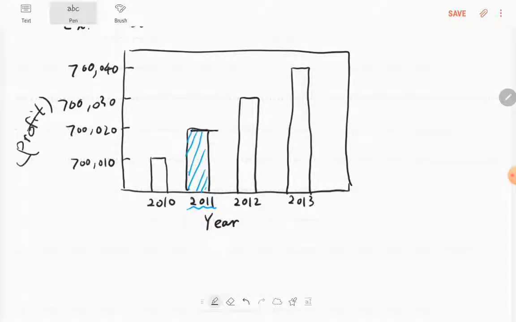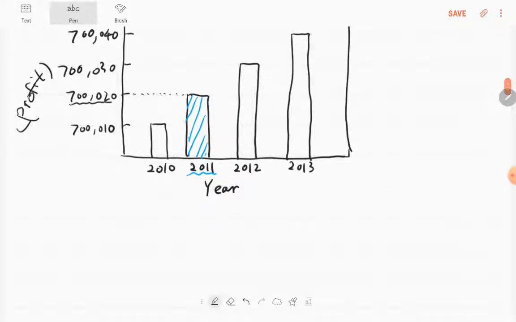First, we find the bar for 2011. Then we only need to find the height of this bar. We know the height of this bar corresponds to this value. Then this is the value we're interested in. This is the profit for 2011.